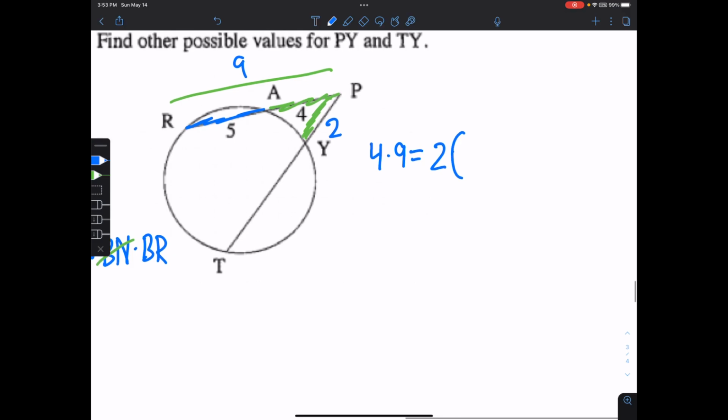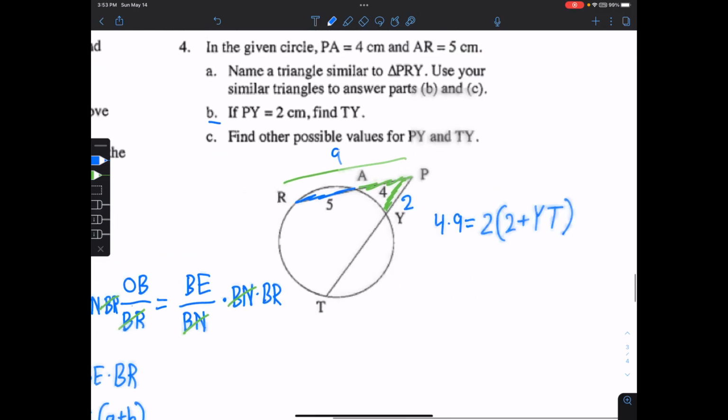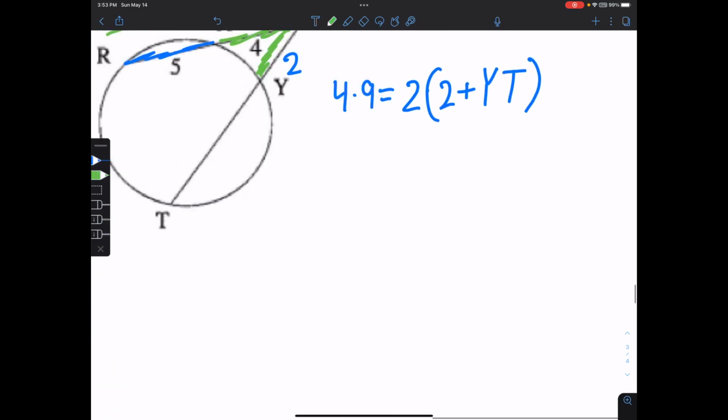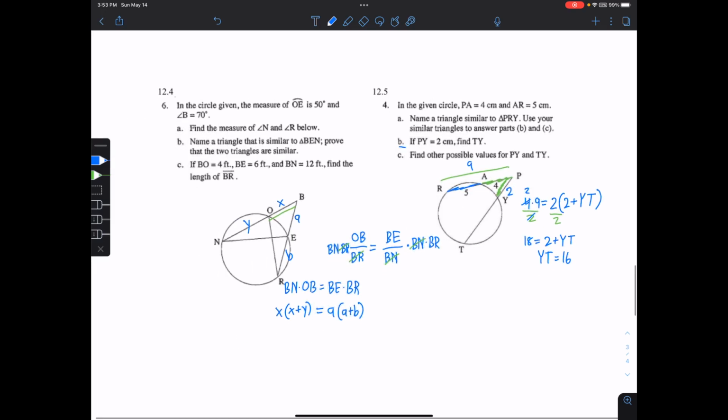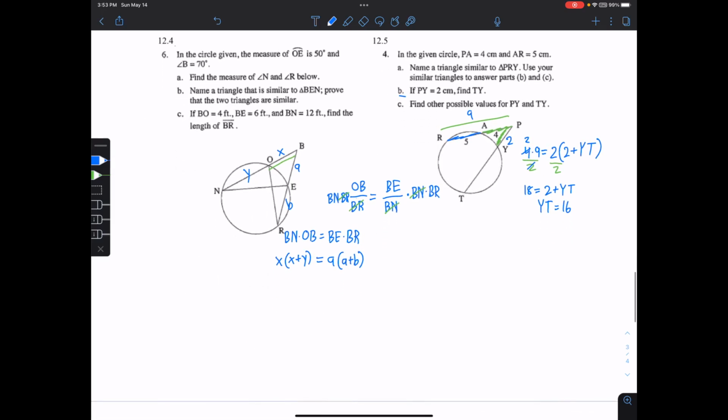So I'm just going to say 2 times 2 plus YT, and that's what we're trying to find. So now we can just solve. No similar triangles needed. So we can divide by 2, this would cancel out. 18 is equal to 2 plus YT, and then we get YT is equal to 16. And boom, you already have your answer. That's all you really need to know.